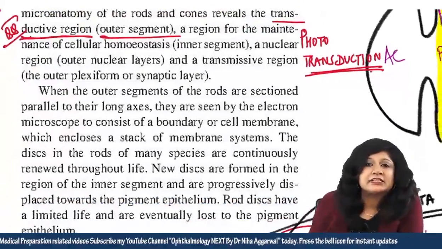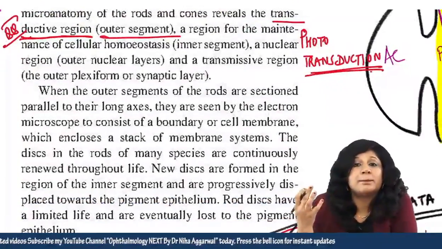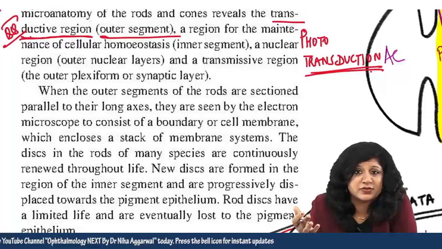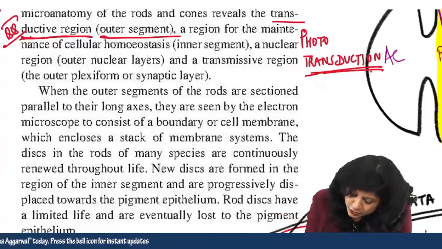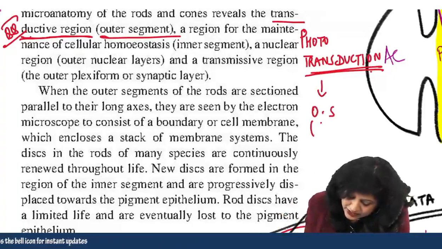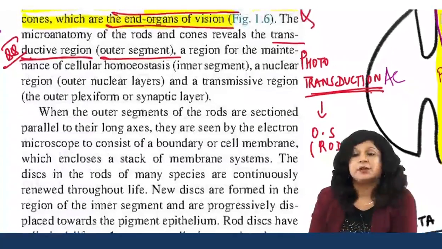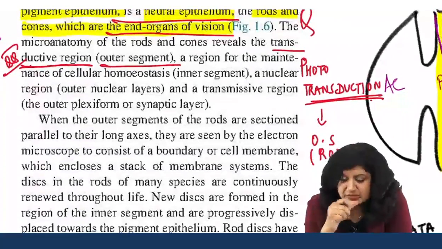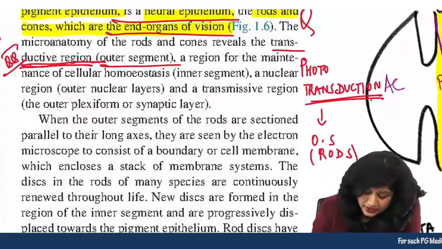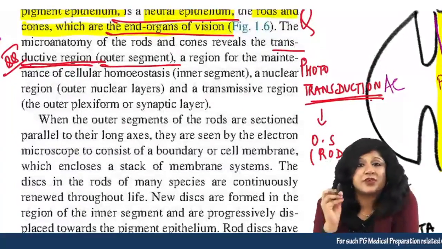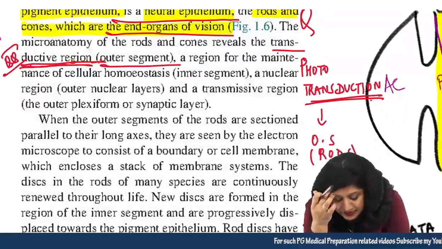Phototransduction is a series of visual and complex events which are taking place in the visual cycle, which is converting the light energy into the electrical energy. So this is actually occurring in the outer segment of the rods and cones. So you have to remember this. This could be asked as a direct MCQ also, that it is a phototransductive region. So phototransduction is actually running in the outer segment.